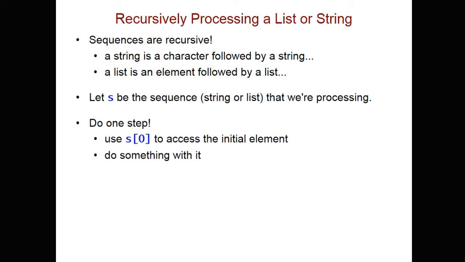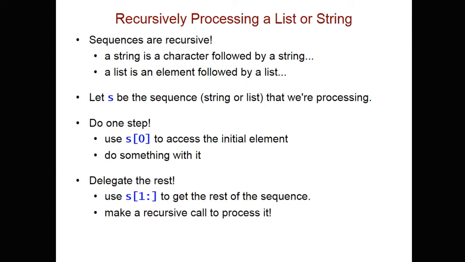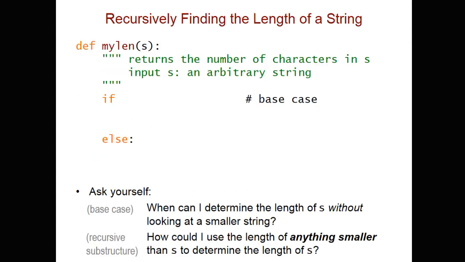So let S be a sequence, a string or a list. The first step could be to use the first element of the list or string to do something with it, and delegate the rest could be using the remaining part of the sequence or characters to make a recursive call.